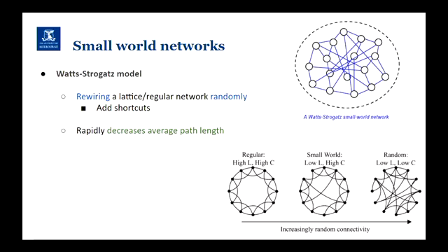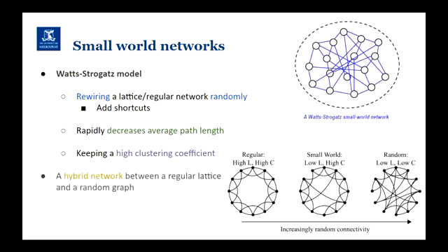And if we keep going, we end up with a random network. However, if we keep the number of rewiring connections low, we keep a high clustering coefficient. So there you go. We go from a regular network to a small world network. So a small world network can be interpreted as a hybrid network between a regular lattice and a random graph.